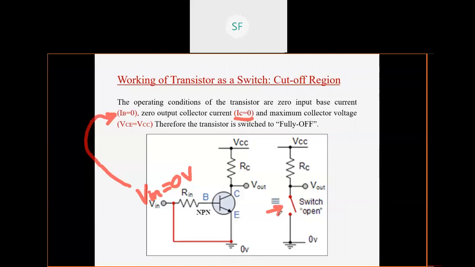Whenever there is some open part in your circuit, then the current cannot flow through it. So since you can observe here in this particular output loop, the transistor acts as an open switch. So what happened to the current here? 0. The IC current that was flowing through this loop became 0. And you can also say otherwise that since IC is 0 here, your transistor must be acting as an open switch, only then will your IC be 0, right? Because current always needs a closed path. Current cannot flow in the open circuit path.